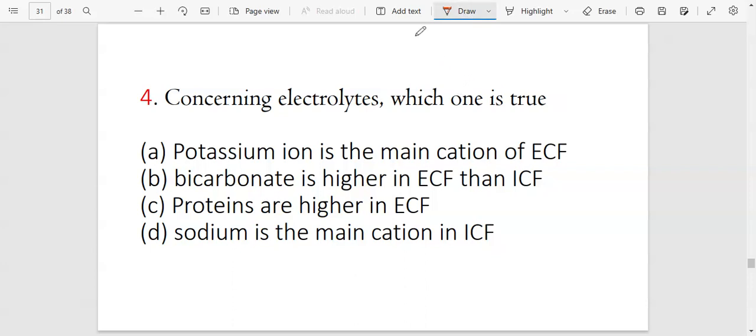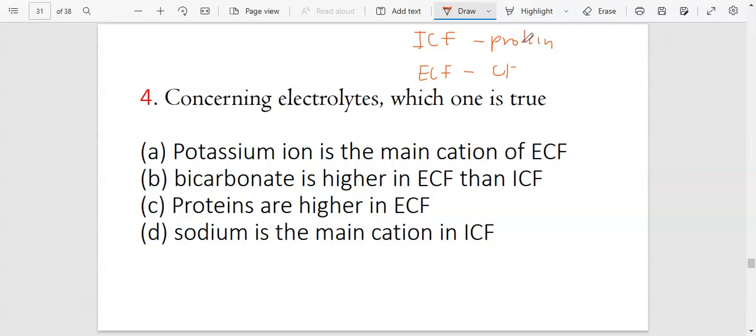As we said, in ICF we have more proteins. Because we have more proteins, we are going to push away other negative things, so those negative things are going to find themselves in the ECF. For example, the chloride ions are going to be found in ECF.